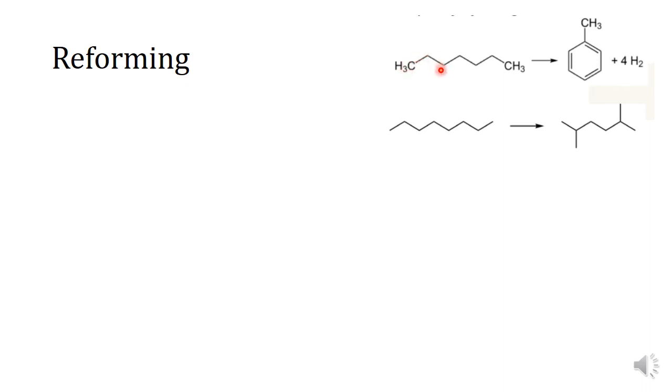Meth, eth, prop, but, pent, hex, hept. So this is heptane. And by converting it into a methylbenzene, and hydrogens. Methylbenzene is a really useful chemical derivative. Hydrogen can be used for a bunch of things, including the Haber process to make ammonia from nitrogen.